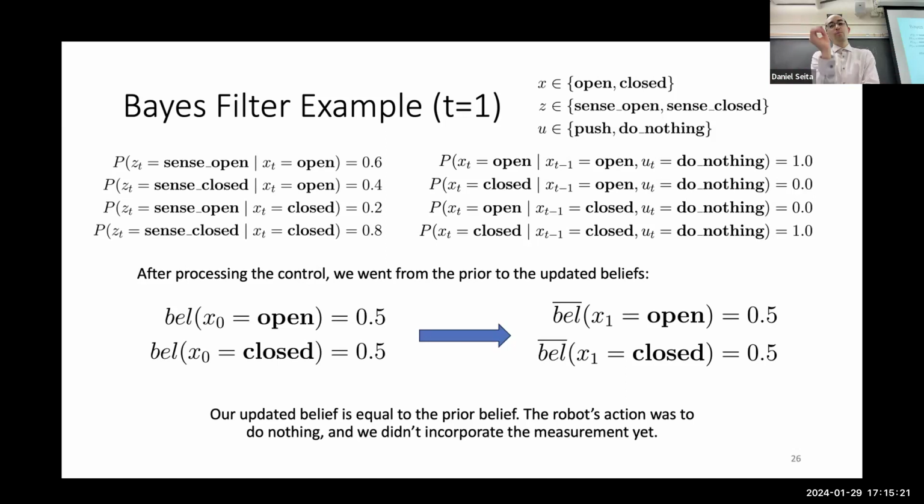And there's also no sensor noise, or no noise in the transition dynamic. If there had been some noise that was non-uniform, not the same for open to closed or closed to open, then you might have gotten something different. But if you assume symmetric noise in some sense, then you'll get this.